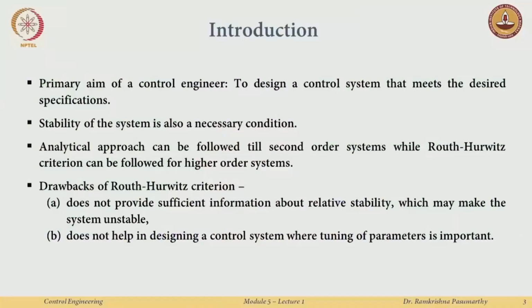So, what we will do today is to learn a technique called the root locus, which will tell me a little more about relative stability. So, what is this root locus all about? When I design a system, I want the system to meet the desired specifications. The specifications were usually either in the transient response or in the steady state response.